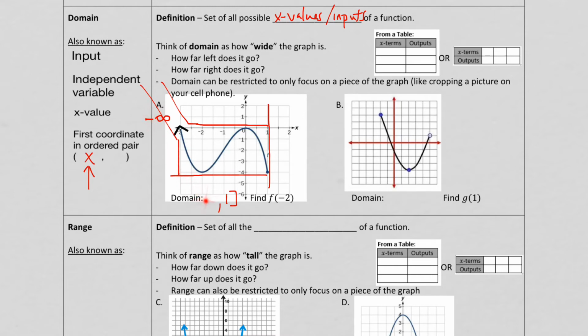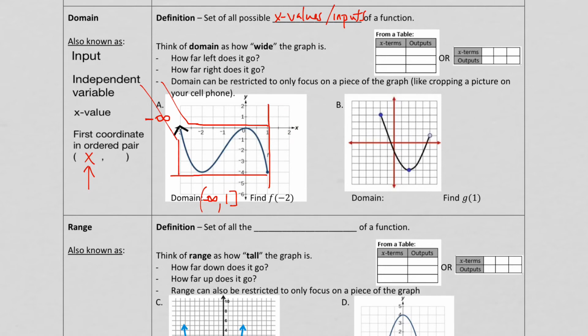So when I describe it here in my answer, I'm going to write negative infinity. And so what this reads here in this notation is that this graph goes forever to the left and it stops going to the right at x equals 1. So it does stop here at x equals 1. I can crop out everything else over here. There is no graph over here.